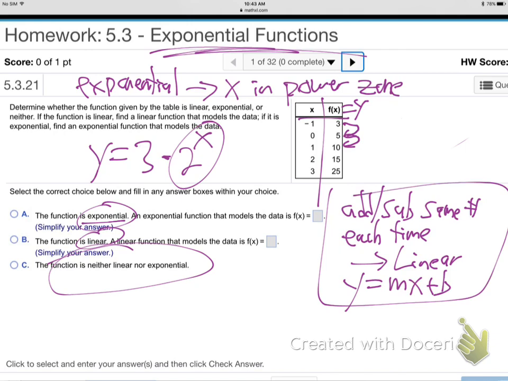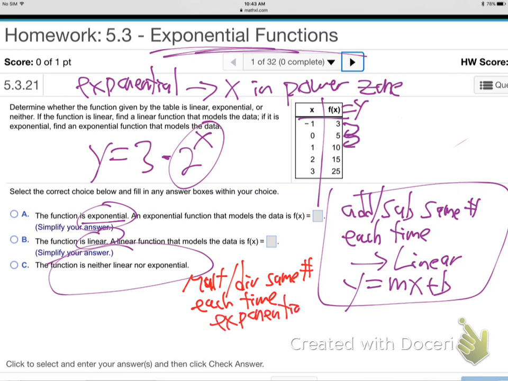If instead they are multiplying or dividing the same number each time, then it's exponential, which means you have y equals a times b to the x. And I'll show you how to find the particulars about that, but that's just the first thing to discern.